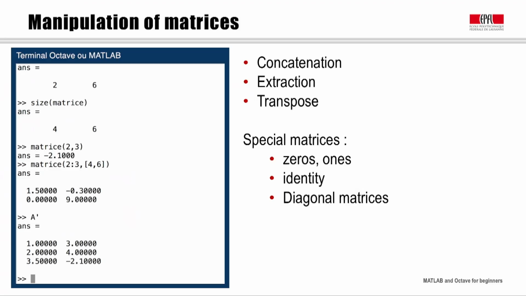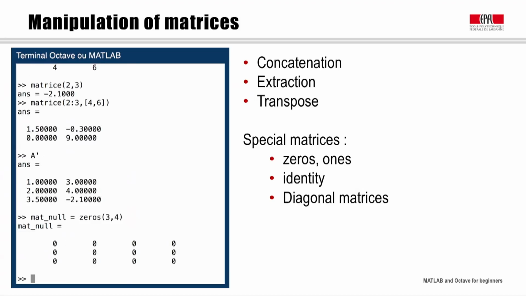There are also special matrices. For example, a matrix which is only zeros. So I can define mat null as zeros, and then I have to give the size. Before I gave 4, 1 or 1, 4 for a vector, and now I can give a matrix size, which is, for example, 3 times 4, a 3 by 4 matrix full of zeros.